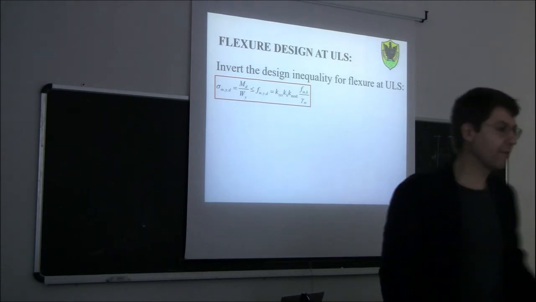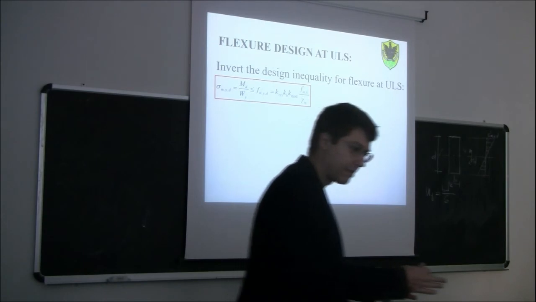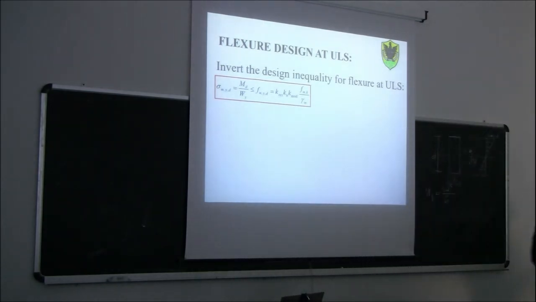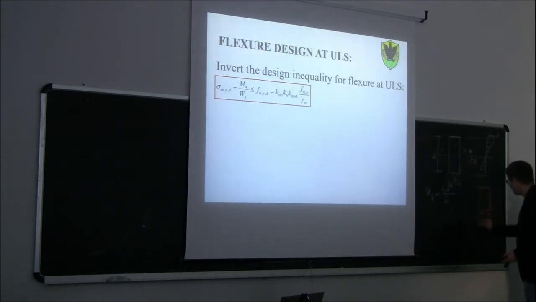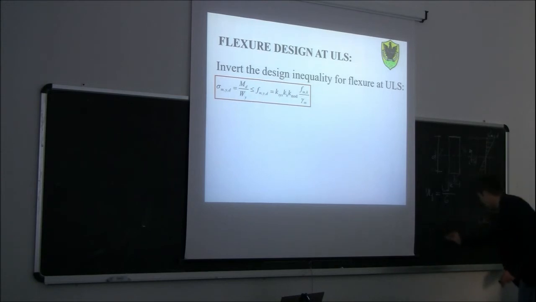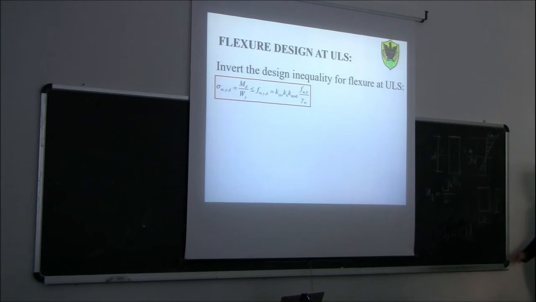If you are designing, for example, with a sawn timber, a solid timber, usually the assumption was that B and D, B should be more or less 0.7 of D, in order to optimize the behavior of the beam. This is for sawn timber, okay? So you have one relationship here, another relationship here, and then we can get both B and D.